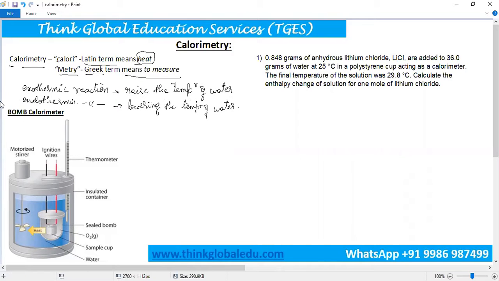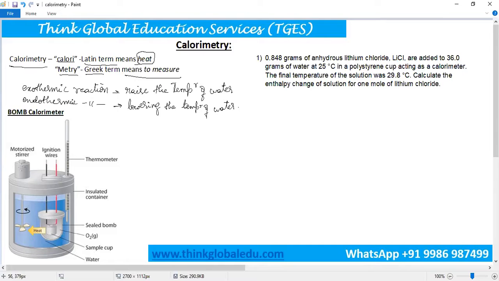In this figure, we see a bomb calorimeter which contains a thermometer to measure the change in temperature of the reaction chamber, a sample cup which contains the reaction sample, and water by which the heat change is transferred from the sample to the water in an exothermic reaction, whereas in case of an endothermic reaction, water will give out the heat to the sample.